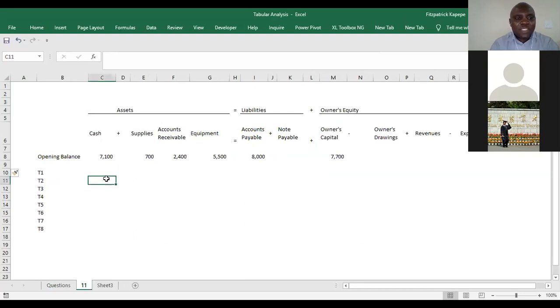1,125. So you type it nicely here under cash, which is at how much? 1,125, isn't it? Yes.